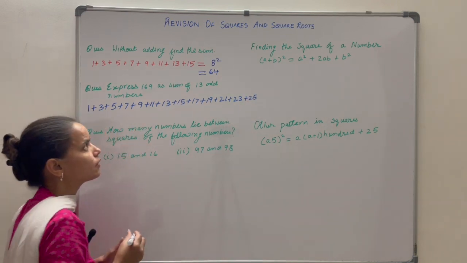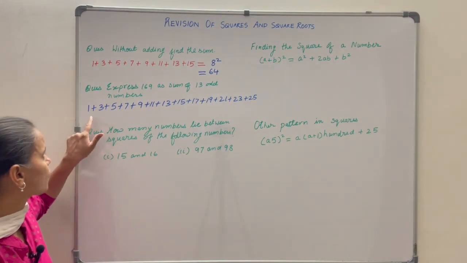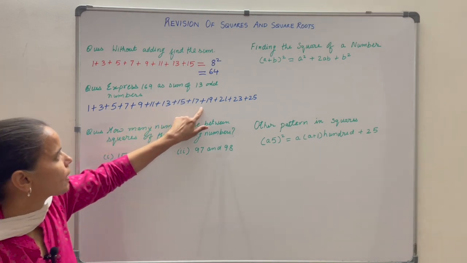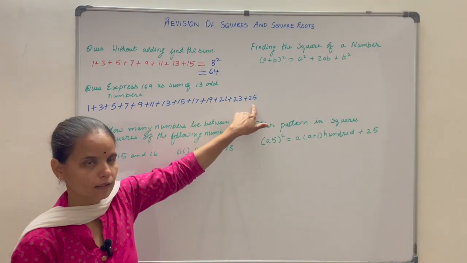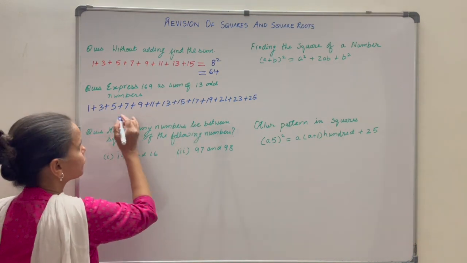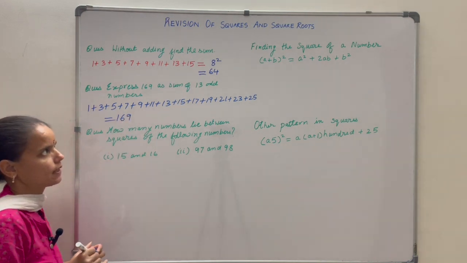So we have added odd numbers starting from 1. You can count it: 1, 2, 3, 4, 5, 6, 7, 8, 9, 10, 11, 12, 13. So all the odd numbers starting from 1 to 25, if you add up, that is equal to 169.